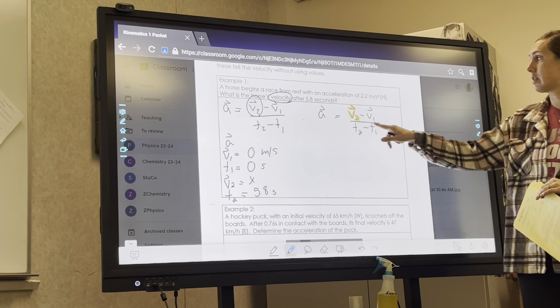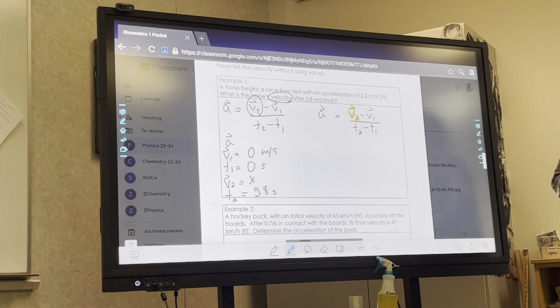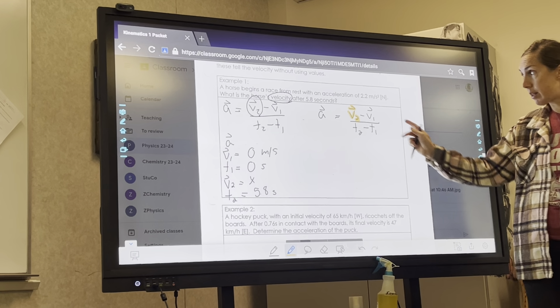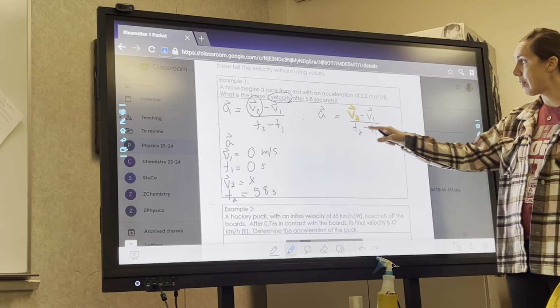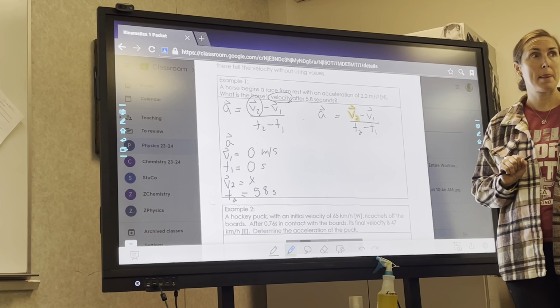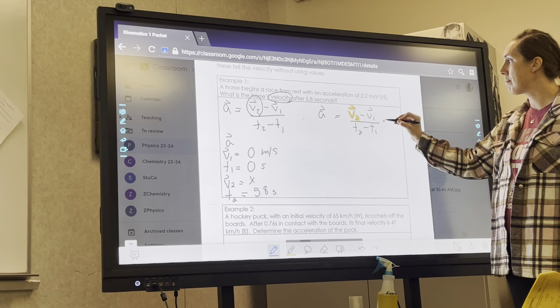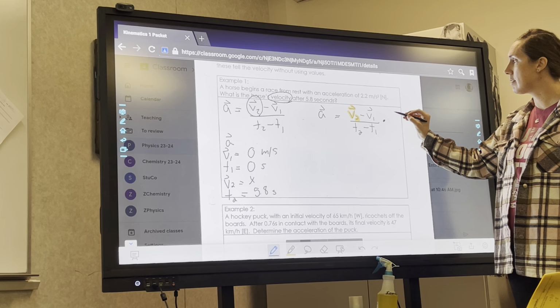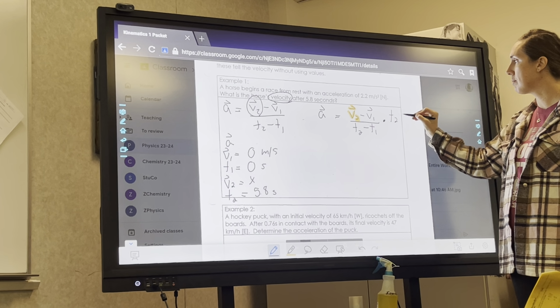Do we want to get rid of the times or the velocities? First thing I would do is get rid of the times. How do you get rid of times on this side? You multiply. So I'll multiply both sides by T2 minus T1.